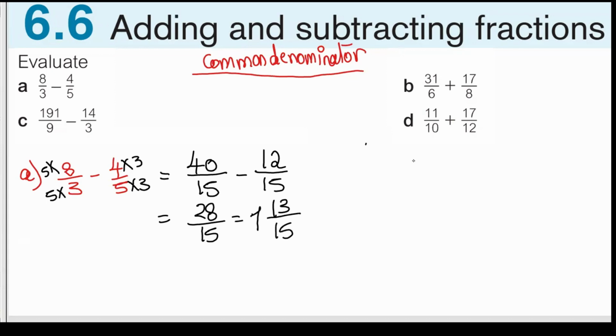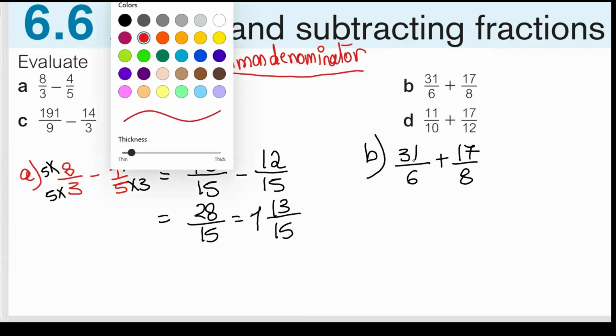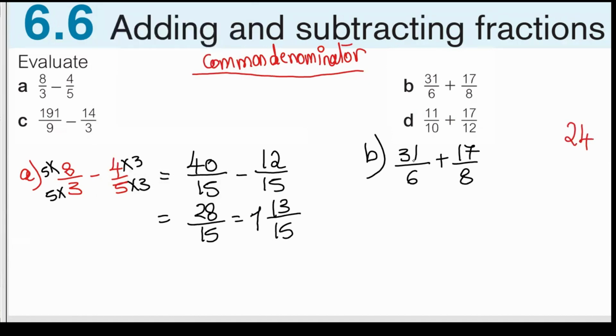Let's go for B. So I have 31 over 6 plus 17 over 8. Now, the number that exists in 6 and 8 is usually 24, where you have 6 times 4 equal 24, 8 times 3 equal 24. So you multiply the 8 by 3, and you multiply the 6 by 4.